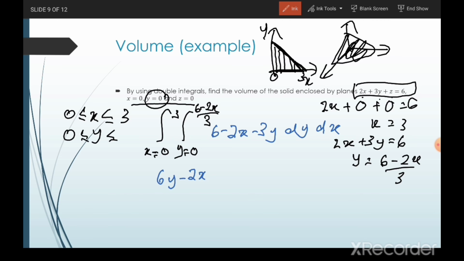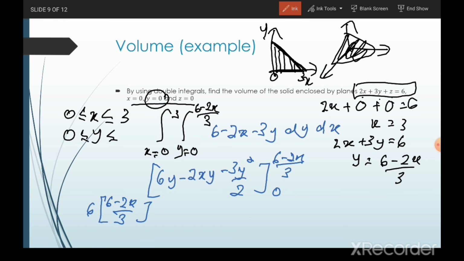Okay, when we integrate, you get 6y minus 2xy minus 3y square over 2. The interval is between 0 and 6 minus 2x over 3. And you can try to calculate. But here there is not enough space to complete the calculation, so the equation becomes very long.